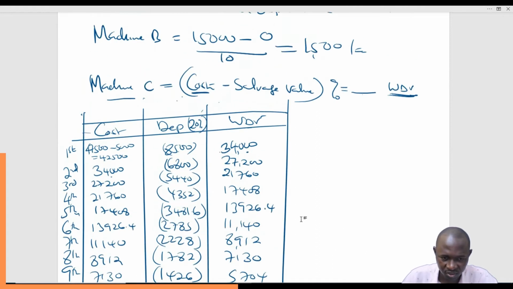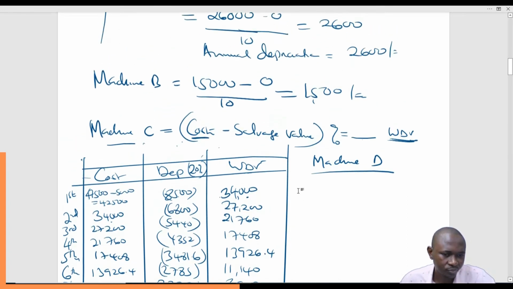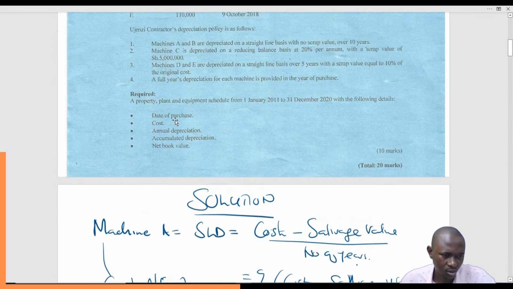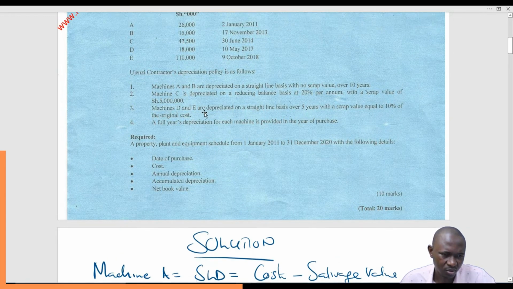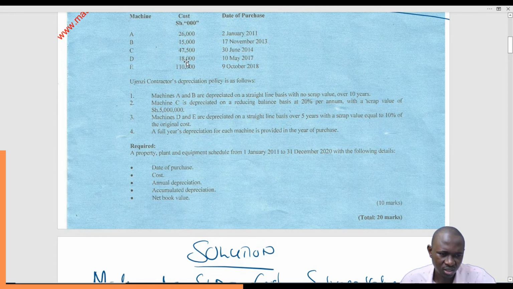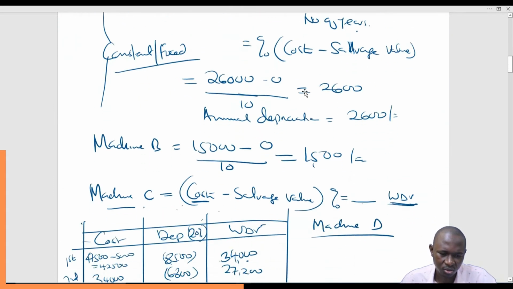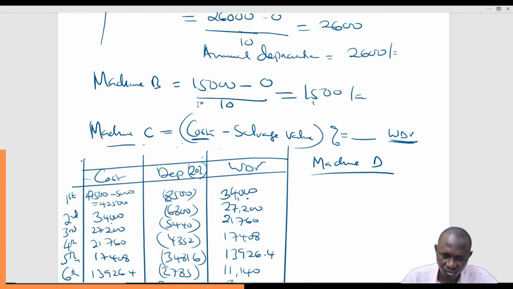Let me just fix my machine D over here. Machine D and E are depreciated on a straight line basis over 5 years with their scrap value equal to 10% of the original cost. So machine D is 18,000. The formula that you're going to use is the same formula because it's the straight line method.